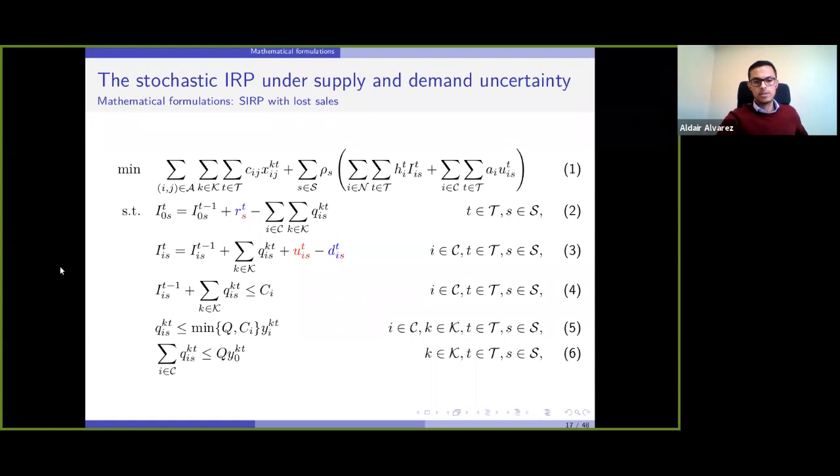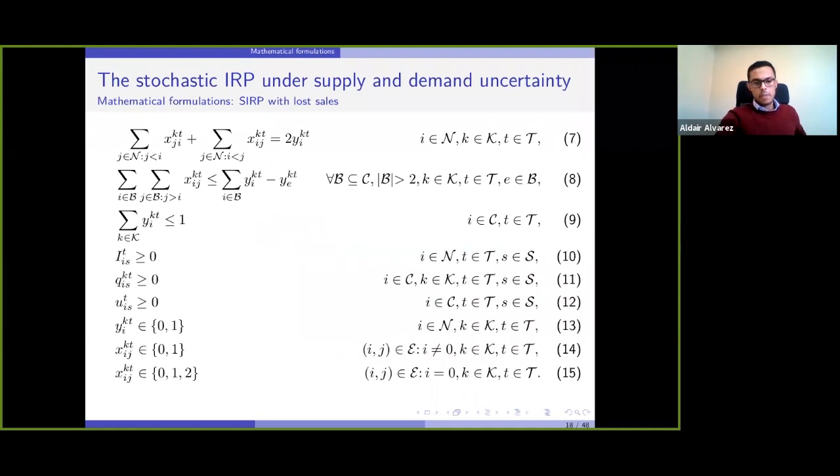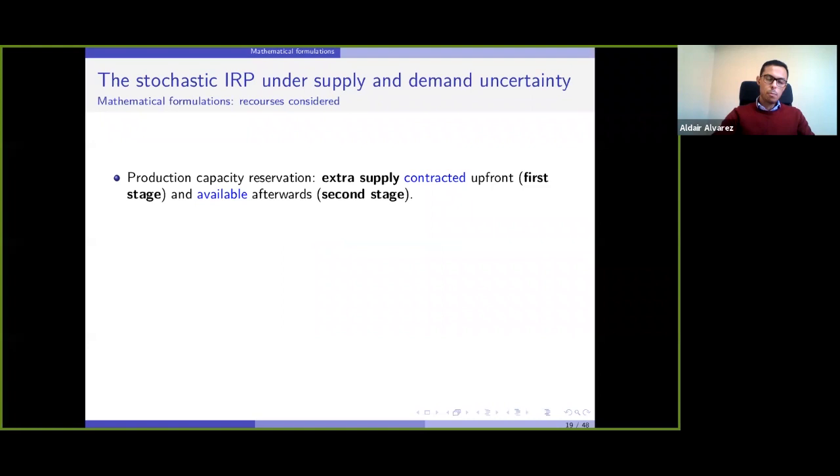And then we have the classical constraints, imposing bounds on the delivery quantities and inventory levels, connectivity constraints, subtour elimination, and the domain of the decision variables. So that was the first case, with lost sales as a recourse. But then we consider a second case, called production capacity reservation, and that goes like this.